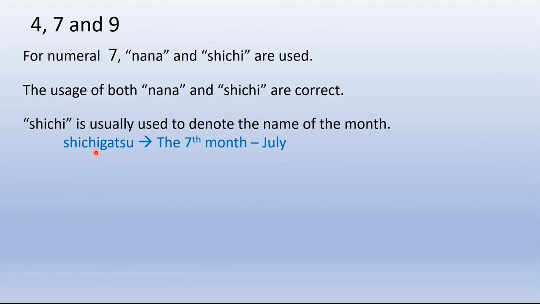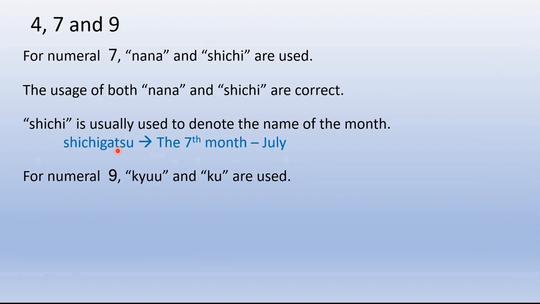Shichi means 7 and gatsu means month. So shichigatsu means the seventh month of the year, which is July. So in Japanese, the month of July is called shichigatsu. This shichi, or 7, is used to name the seventh month.